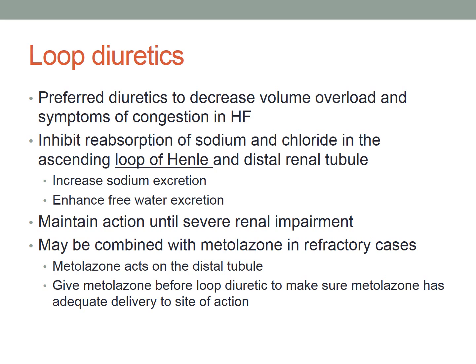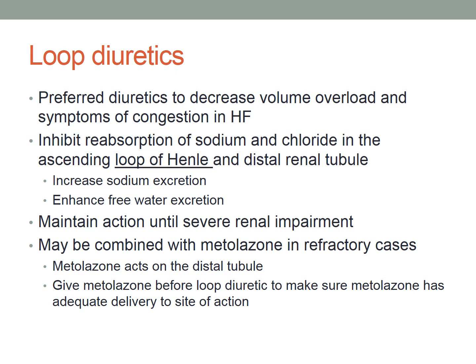Loop diuretics typically can maintain action until severe renal impairment. So in other words, they'll work until a patient is very, very renally compromised, and then they might start losing effect.